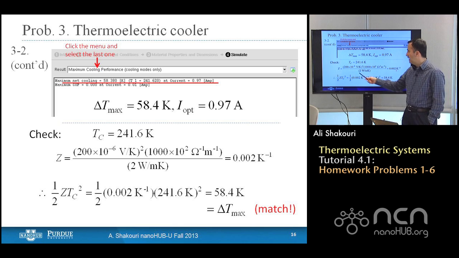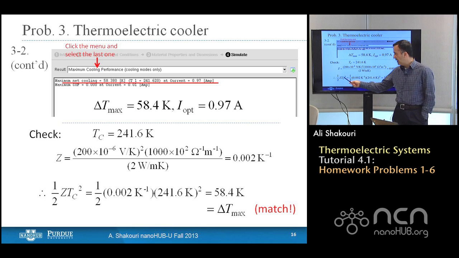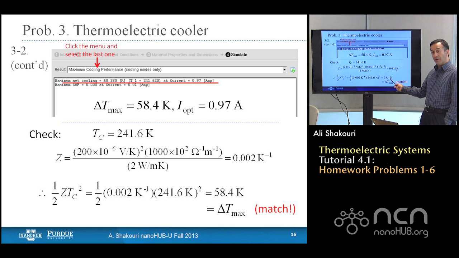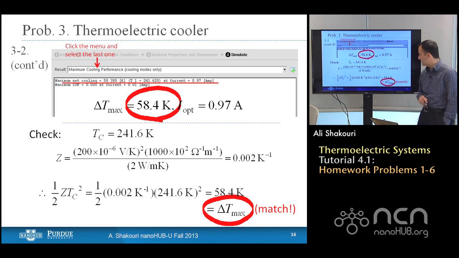Let's put this. The Z number for this material properties that we inputted is 0.002. We calculate 1/2 Z T_C squared, which is this number, 58.4. That's exactly what we calculated by the simulator here. So you see that it is self-consistent.